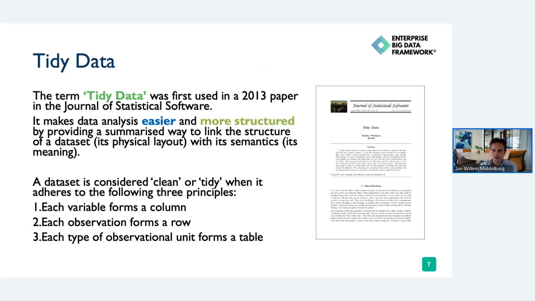For instance, suppose we're making a database around all the animals in a zoo. Then we would like to have a specific table for the giraffes and another one for the elephants, and we don't mix them up in the same table. So that's a third key construct when it comes to tidy data.